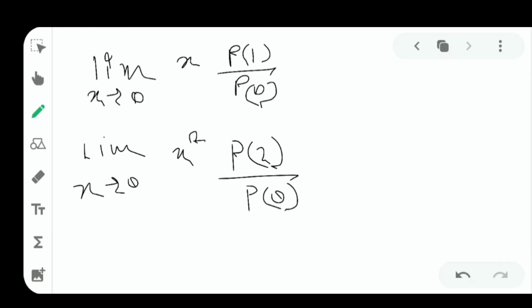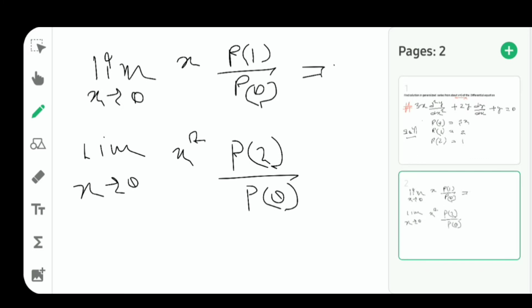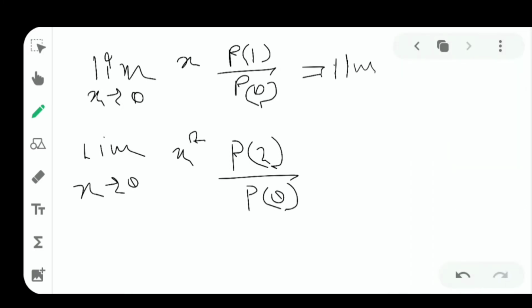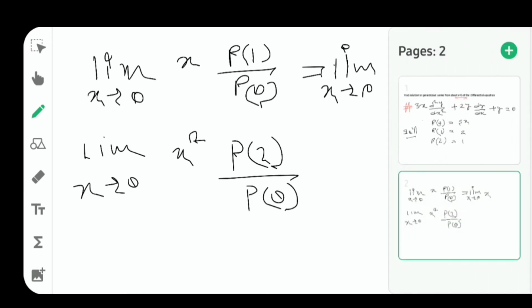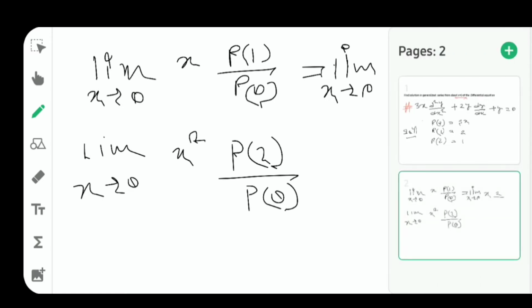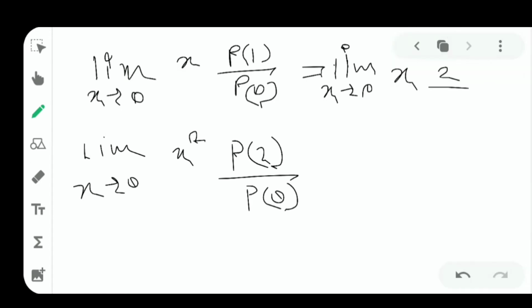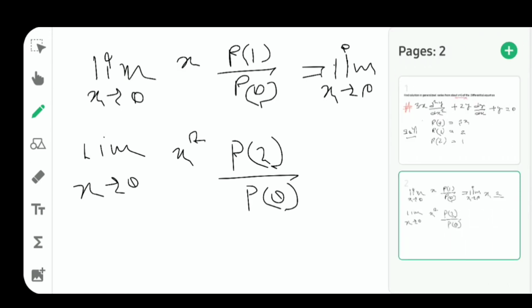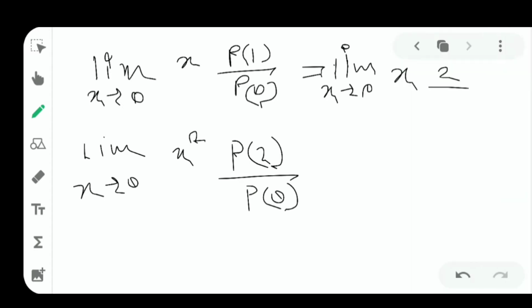So the limit as x tends to 0 of x p1 upon p0: p1 is 2 and p0 is 3x, so it will be 2 by 3.